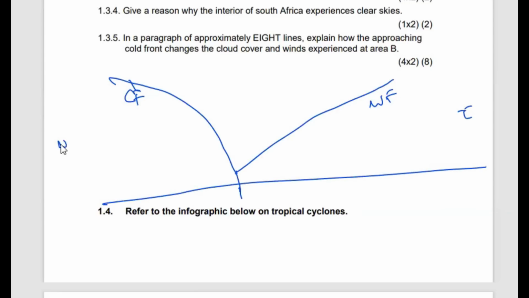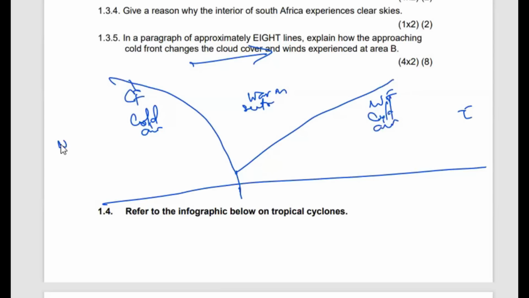The weather system moves in that direction from west going to east. Right. So what will happen is this is the warm sector of the weather system, and this is warm air, and this is cool air on this side.